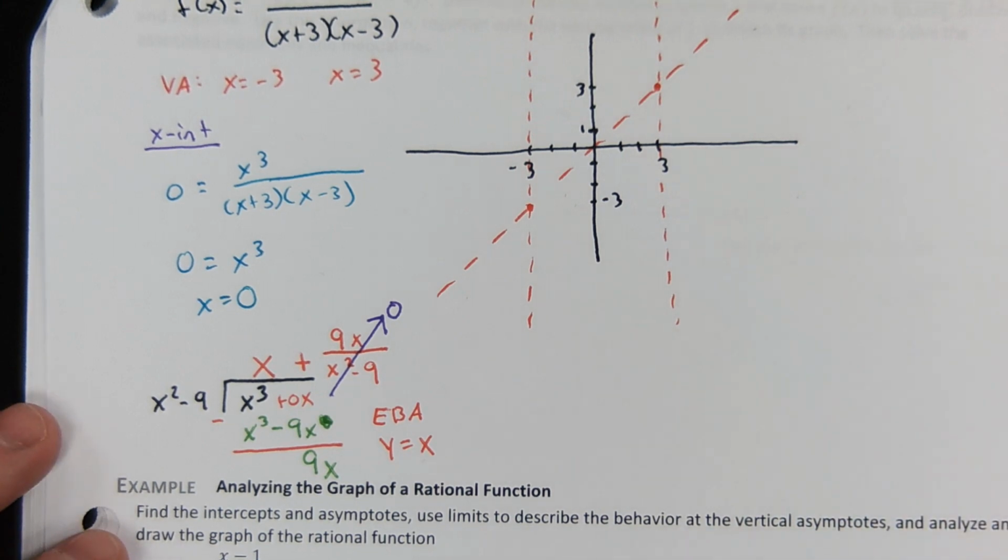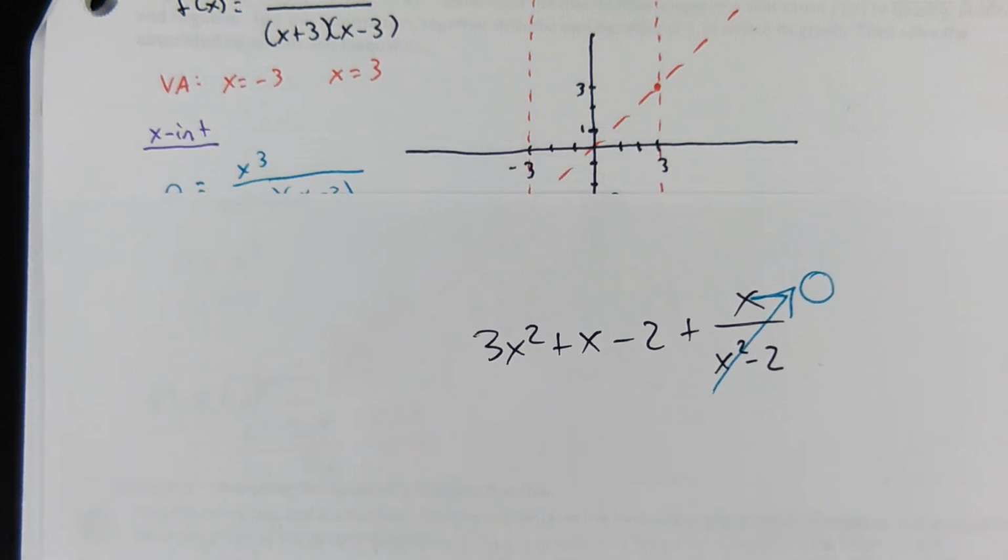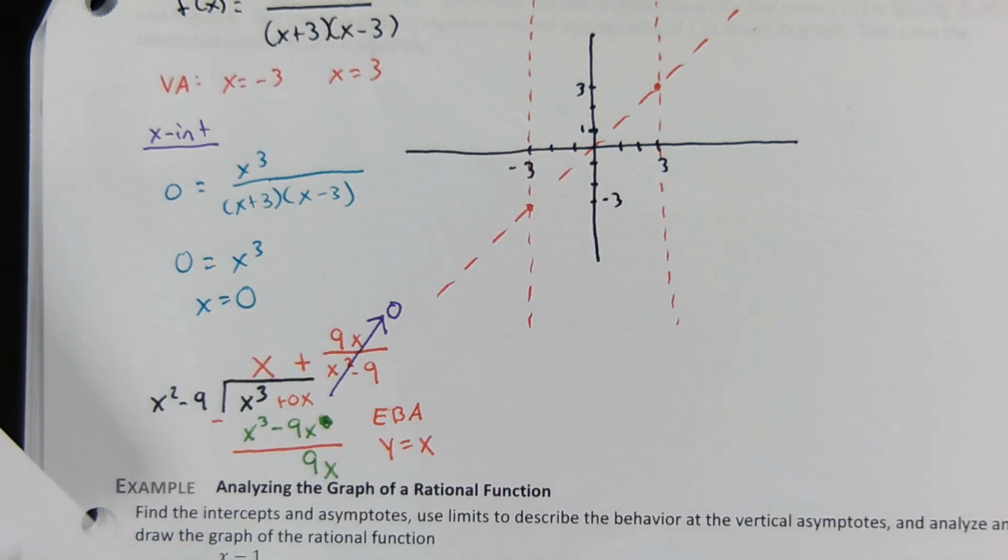Can it be y equals x squared? Yeah, an end-behavior asymptote could be anything. It could even be a quadratic. I'm just graphing the line y equals x as a red dotted line. If it was 3x, it would have a slope of 3.